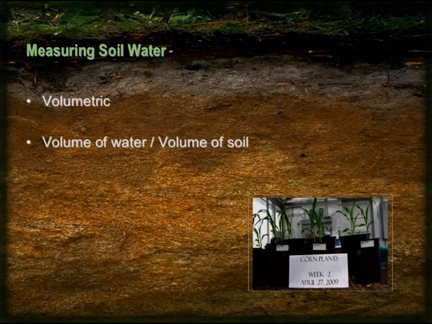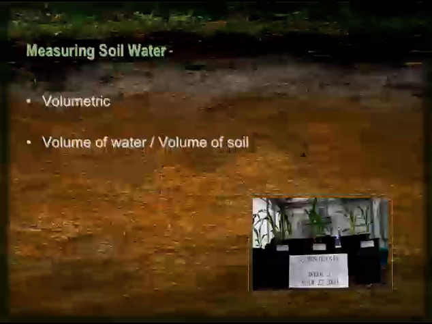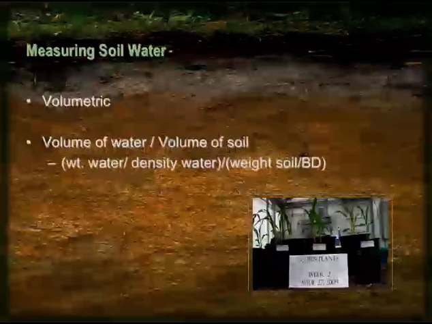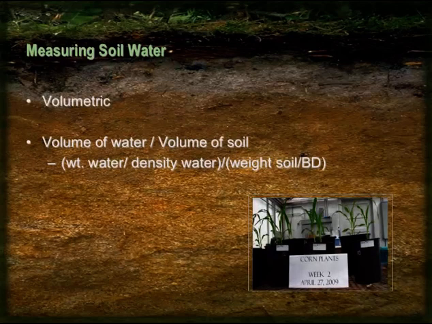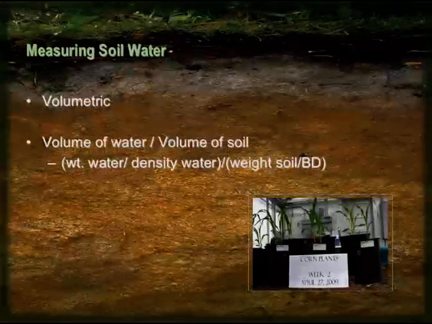We also talked about volumetric soil moisture, and basically this is the volume of water compared to the volume of soil. This is volumetric water. My slide here is messed up, but basically what I told you to do is take your gravimetric water content, because we can't really measure the volume of soil or the volume of water in the volume of soil.